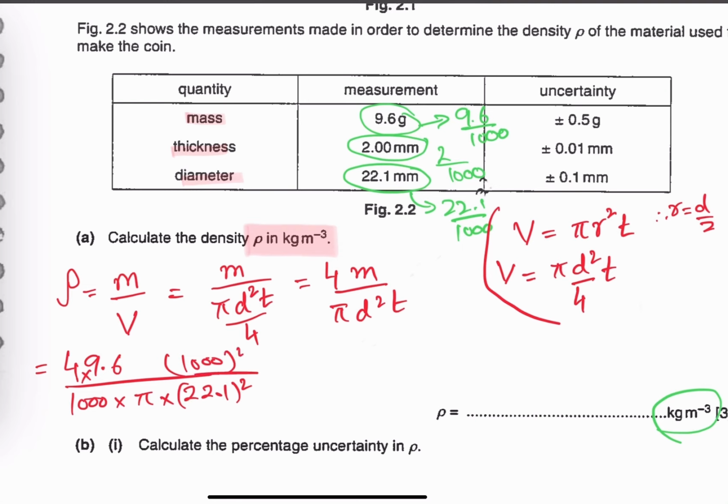And for t, thickness is 2, and 1000 will go there. So this will give you 12513 kg per meter cubed. So this is the answer for the density.